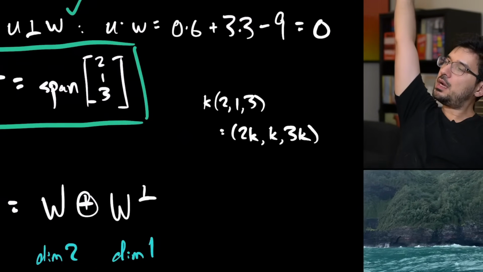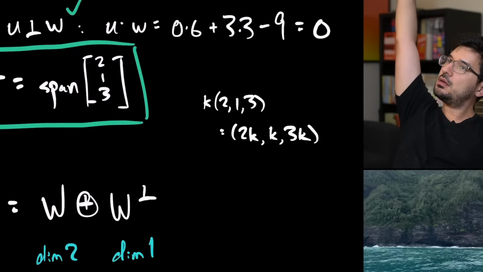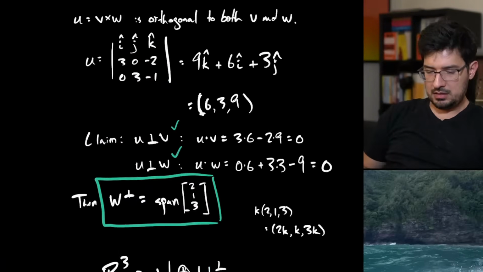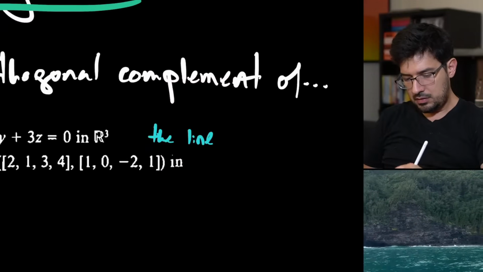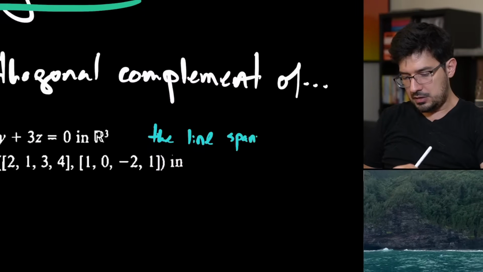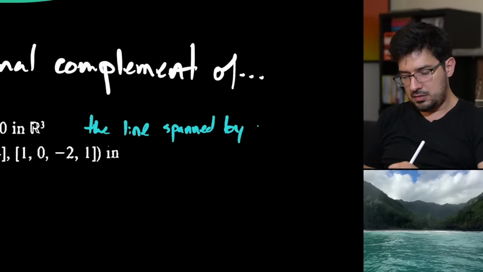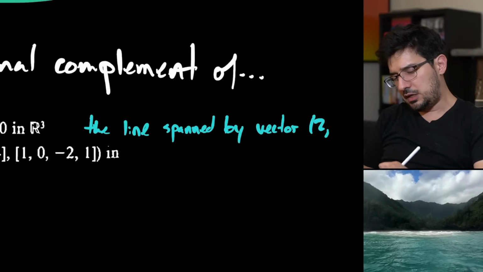How do you write that as an equation? Can you? I mean, I'd say the line spanned by the vector 2, 1, 3.